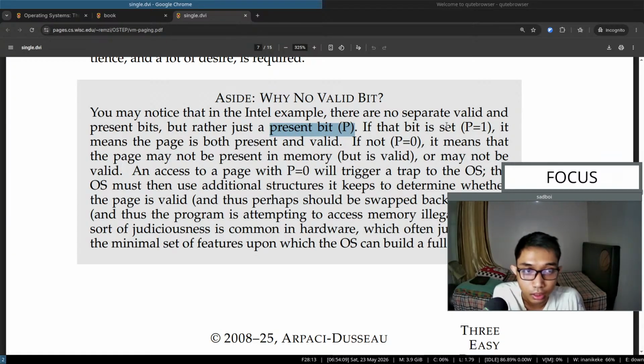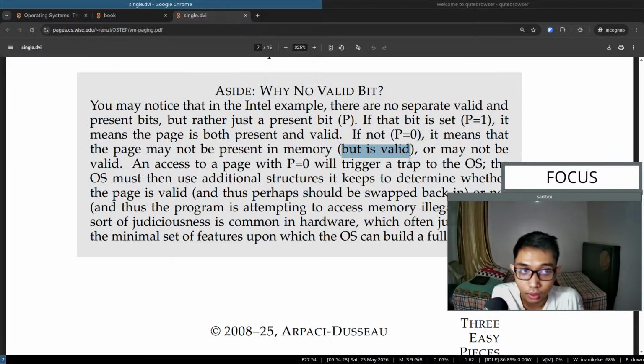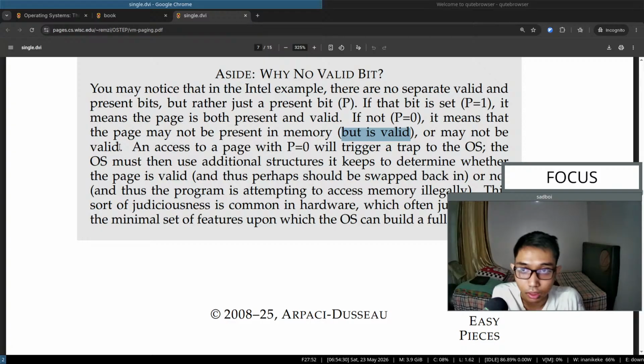If that bit is set, or P equals 1, it means the page is both present and valid. If not, P equals 0, it means that the page may not be present in memory but is valid, or may not be valid.